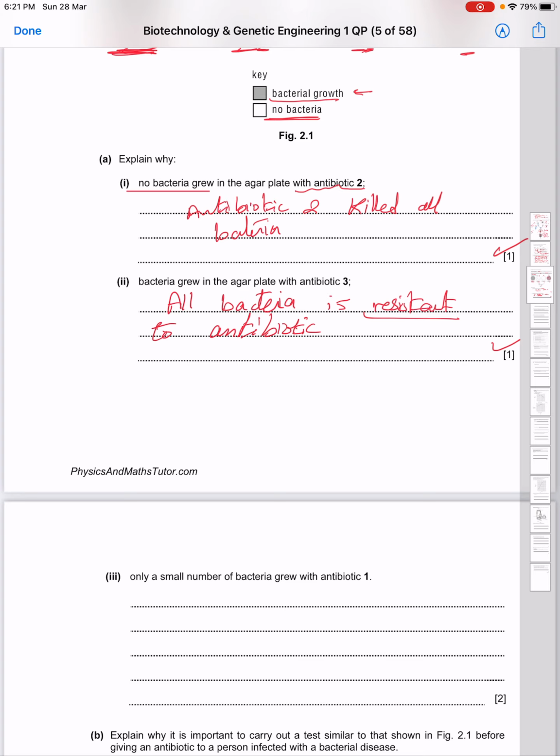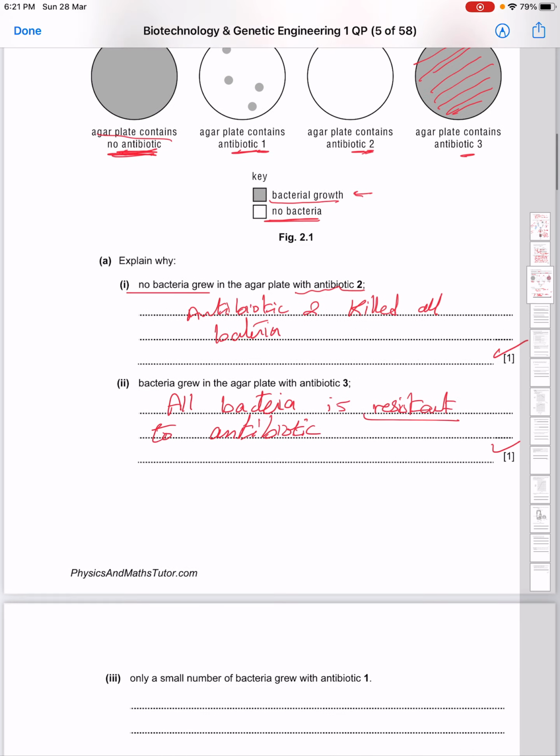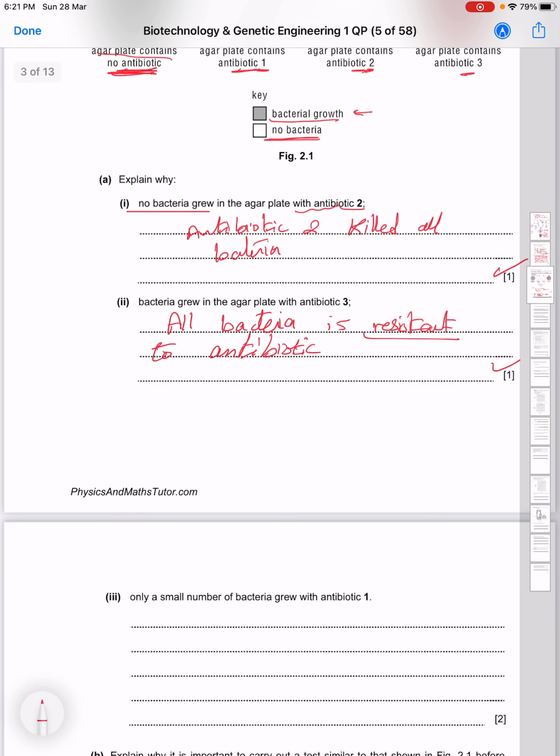What causes bacteria to develop resistance? It's a very, very common name that we hear, mutation, right? When bacteria undergo mutation, they can become more fierce, stronger, so that they can resist the antibiotic, okay?